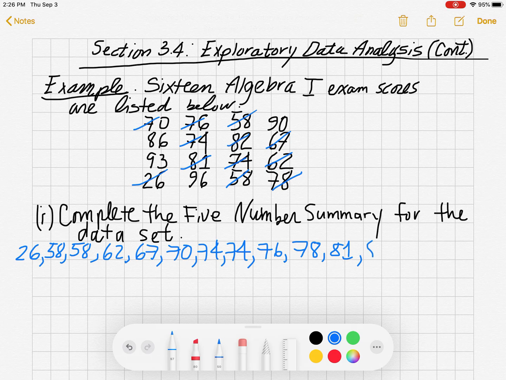Okay, after 81, we got 82. And then, what's after 82? 86. After 86, we got 90. Then 93 and 96. I think that's everything.